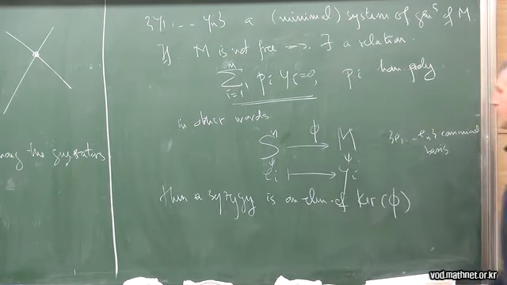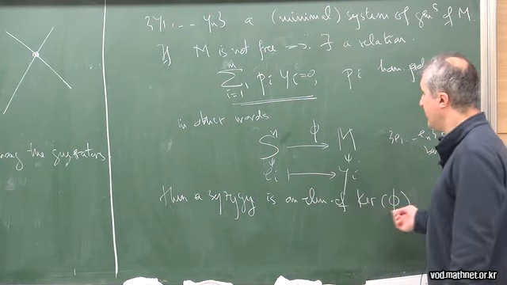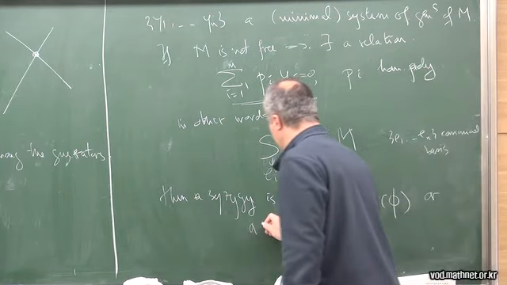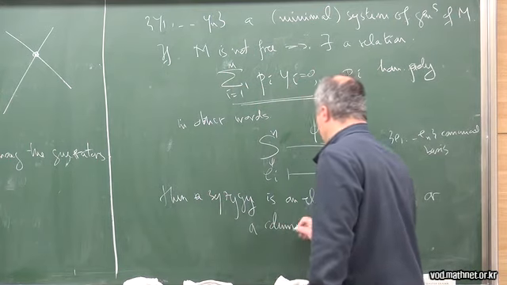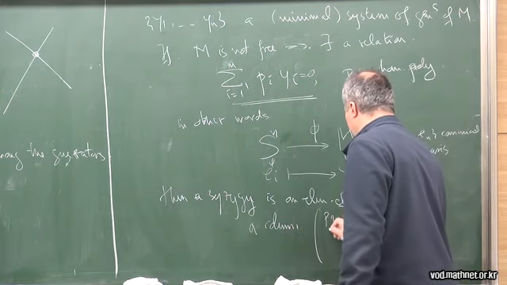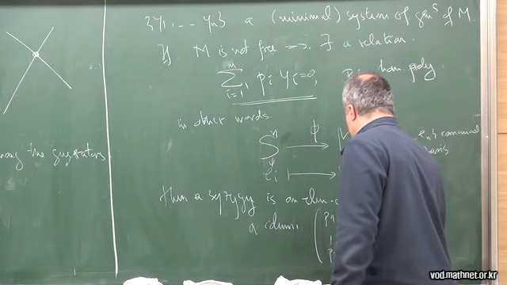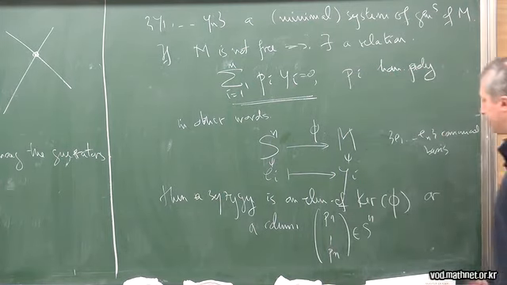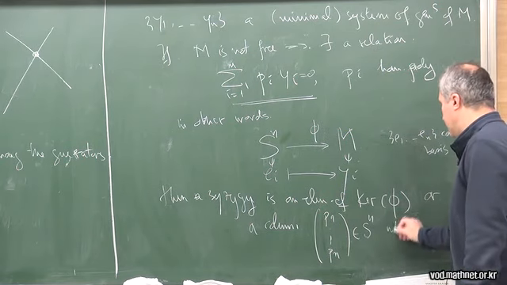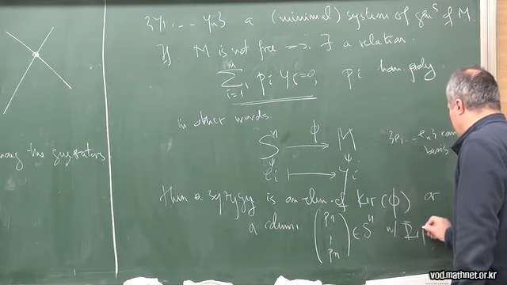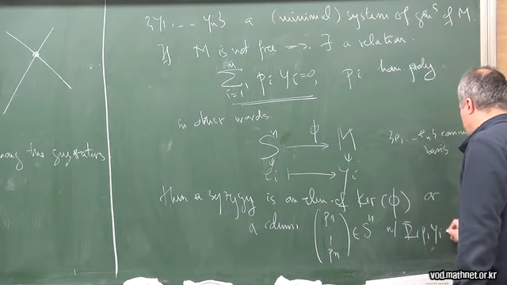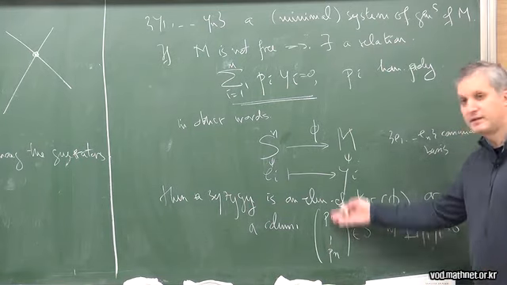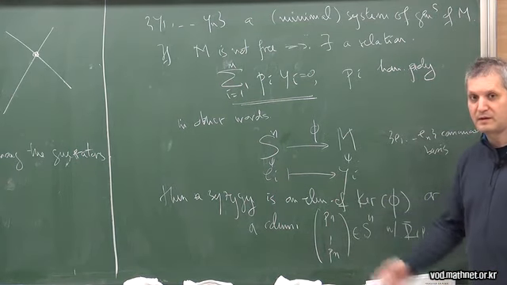We can see it either as an element of the kernel of phi or as a column P1, ..., Pn in S to the n, with the sum of pi yi equal to 0. So in general, a syzygy will be seen as a column vector.